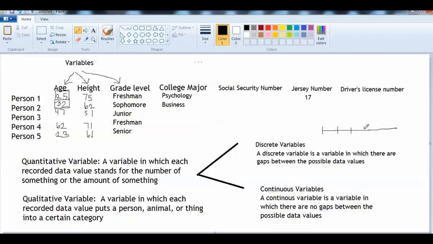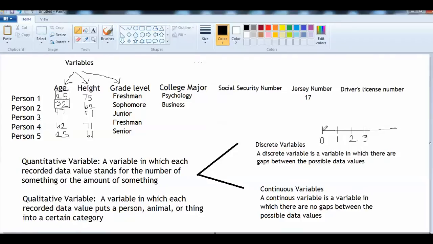What if we tried to figure out where the gaps are, where a person's exact age could never be?